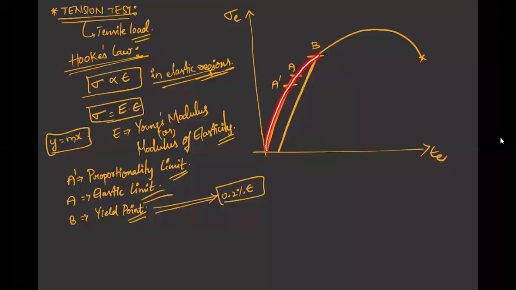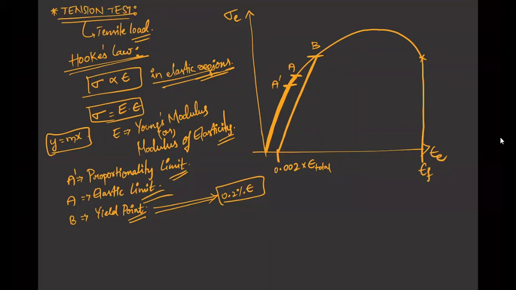Remember it's in percentages. So this value somewhere here is 0.002 times the total strain. The total is the fracture strain, which I already explained.